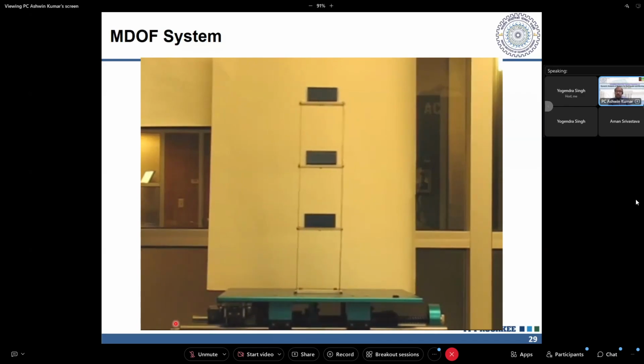If multiple, how many? Think of it. See how the upper mass, lower mass, and the middle mass are moving, their relative movement. Kindly see.